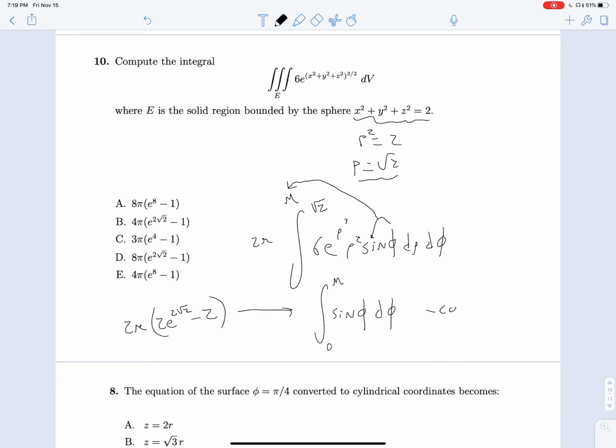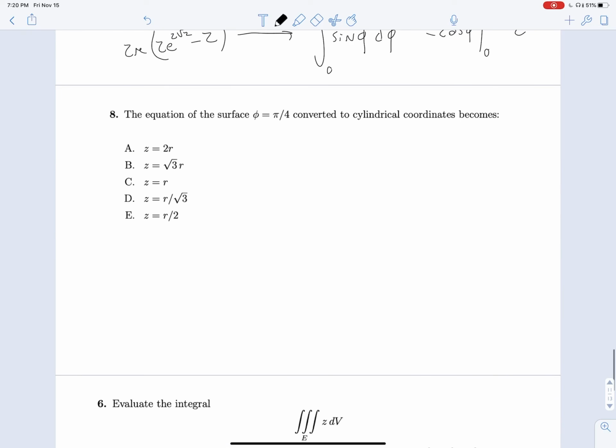And this is negative cosine of phi on 0 to pi, which is 2. And so putting everything together, we get 8 pi times e to the 2 root 2 minus 1, which is, thank God, the correct option.